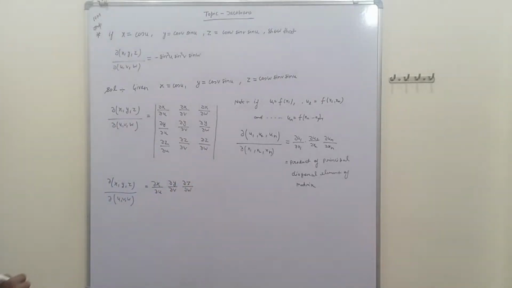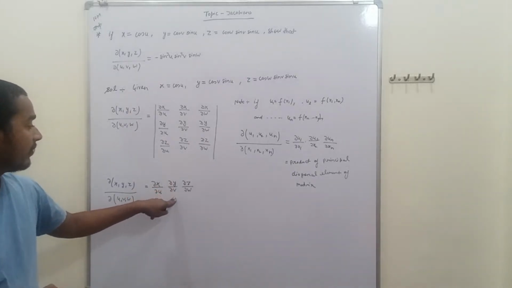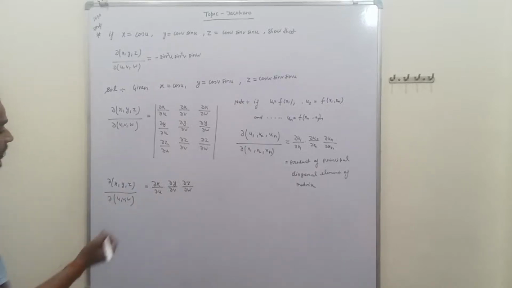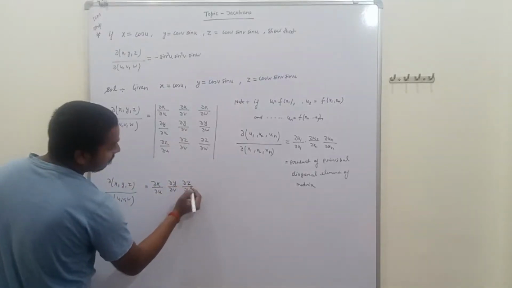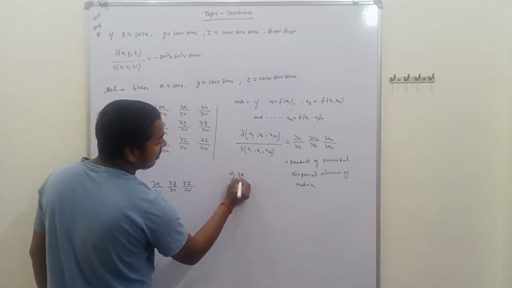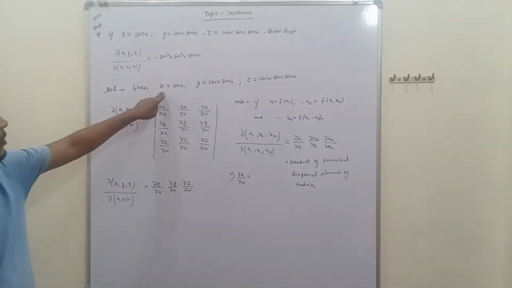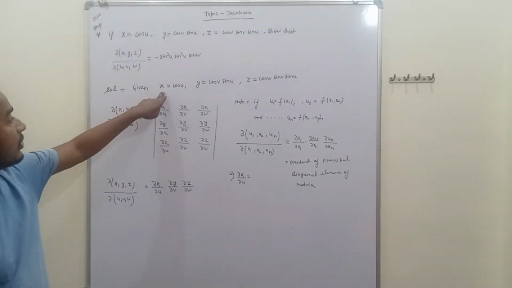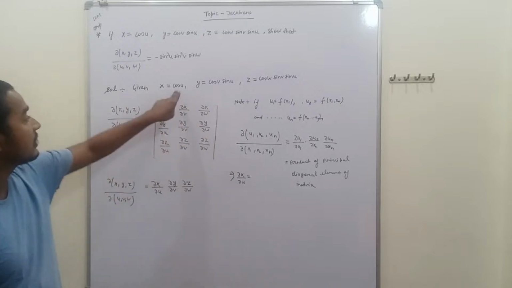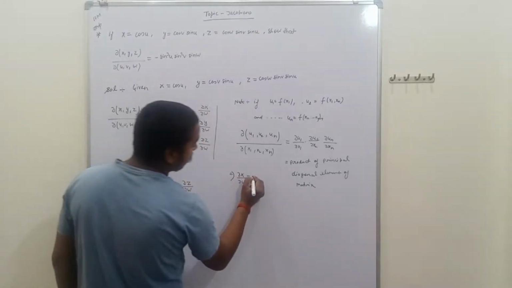Further we have to find the values of ∂x/∂u, ∂y/∂v, and ∂z/∂w. First, ∂x/∂u is the value of x differentiated partially with respect to u. Differentiating cos u with respect to u gives minus sin u.